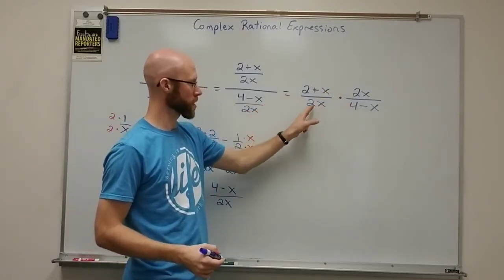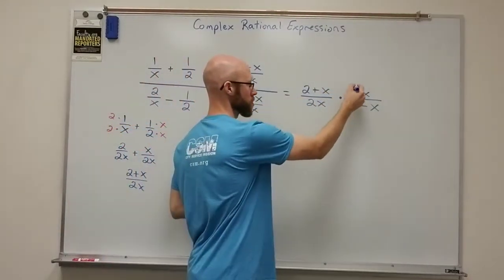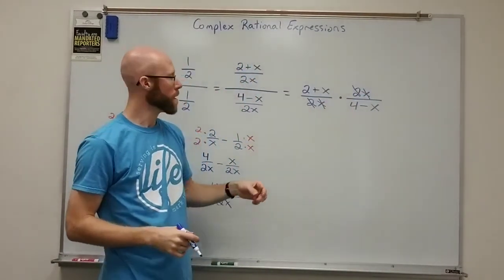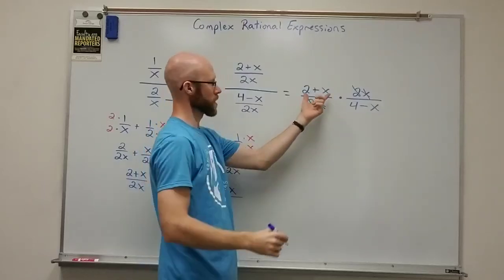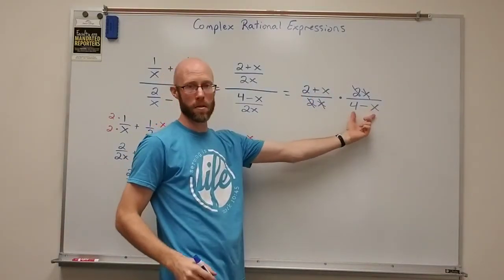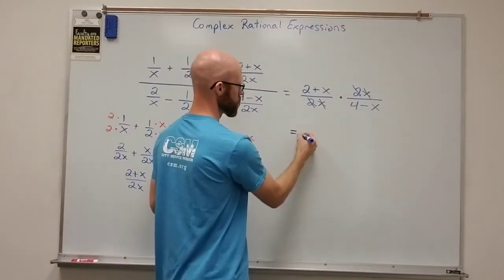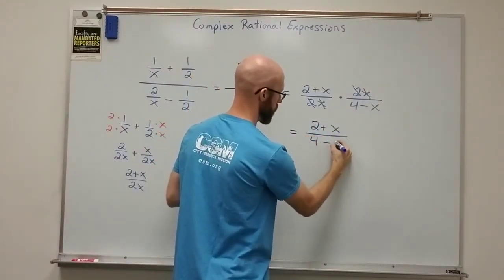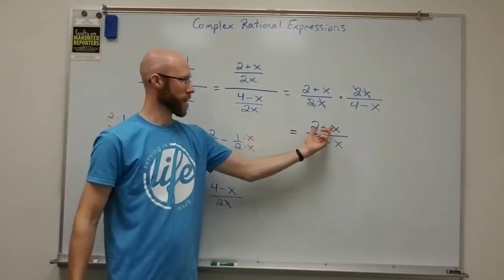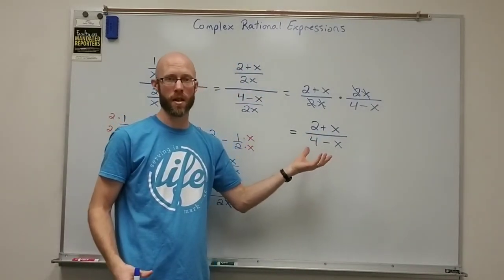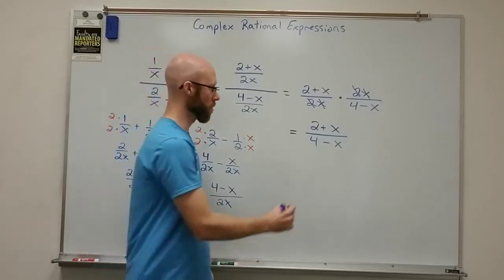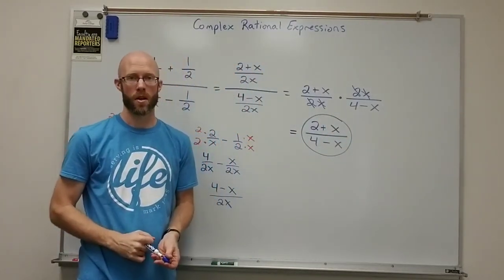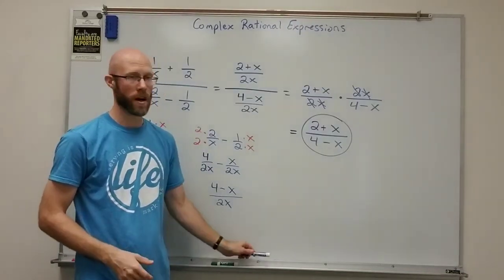I have a 2 and an x, and a 2 and an x. All those cancel here. So the 2 cancels, this x cancels. Those are common factors. On the top, I'm left with 2 plus x, and on the bottom, 4 minus x. And those don't simplify because they have no common factors. I can't factor these out. They are not the same thing. And so this is as far as we can go. So 2 plus x over 4 minus x is our final simplified answer.